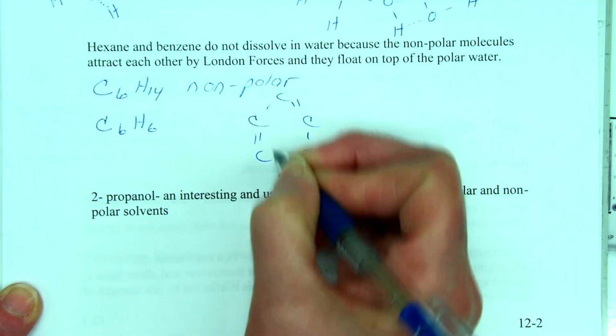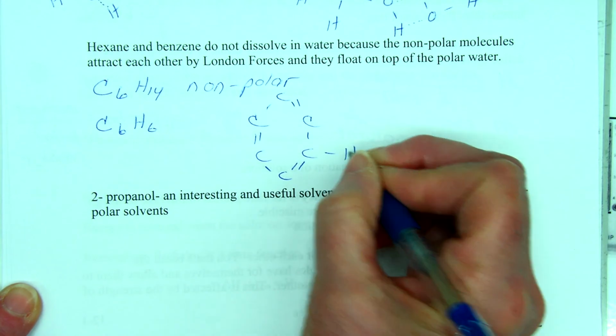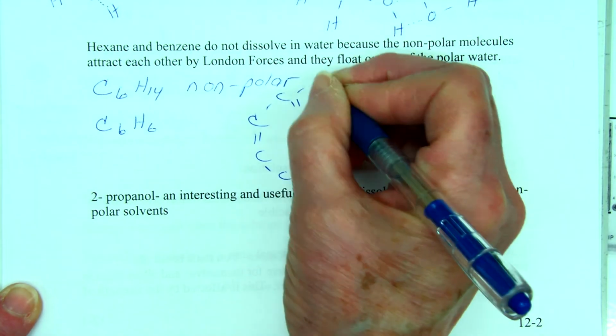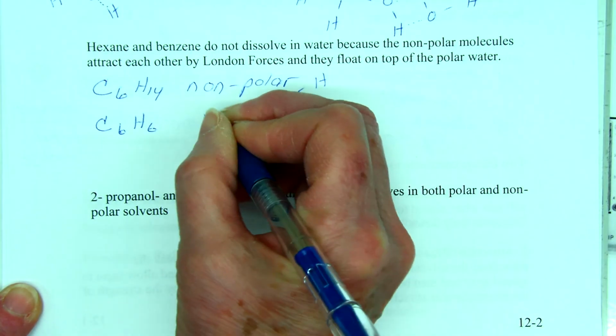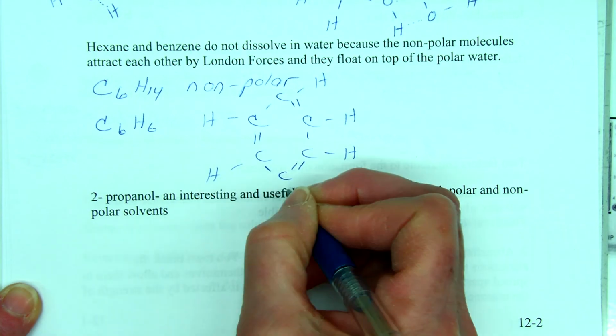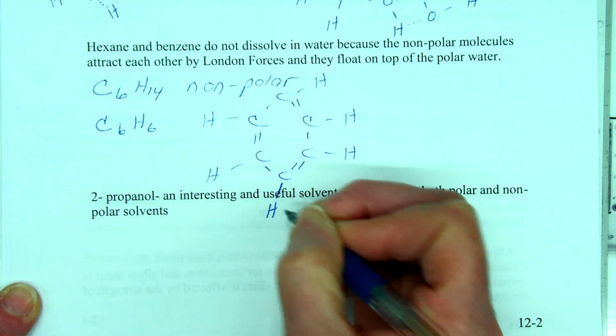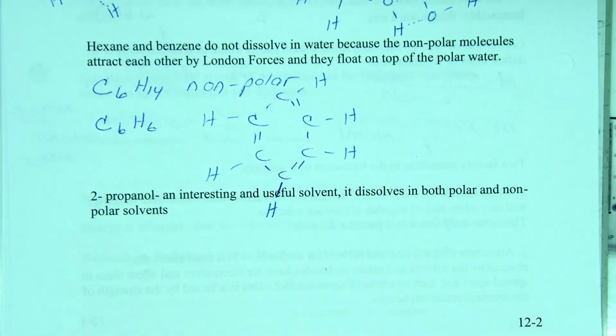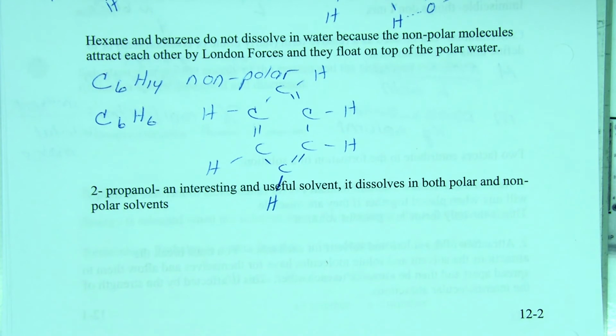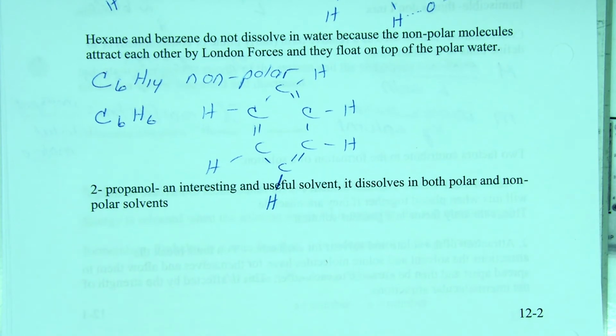Now, we draw the structure with alternating double bonds. Does it really have alternating double bonds? No, what does it really have? Yeah, delocalized electrons, and there's a word that starts with R. What do we call that?